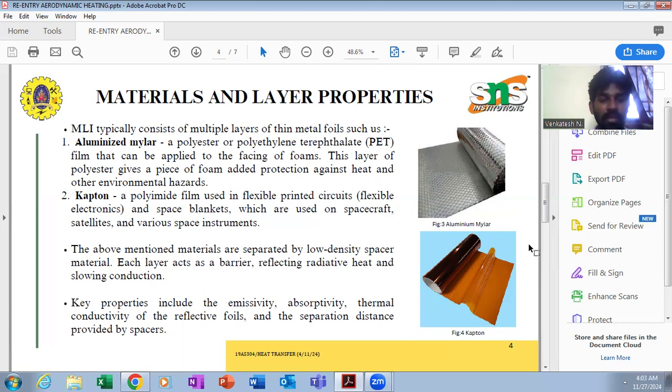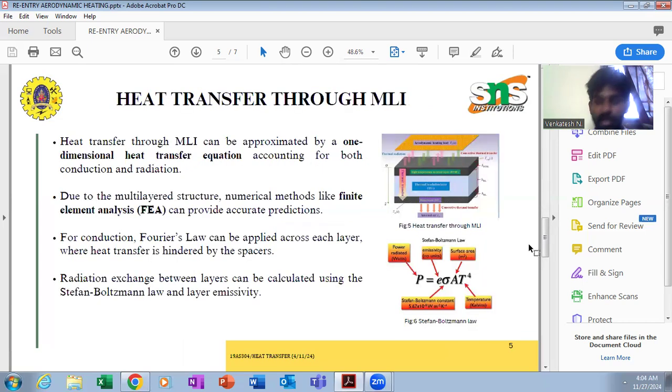Each layer acts as a barrier, reflecting radiative heat and slowing conduction. Key properties include the emissivity, absorptivity, thermal conductivity of the reflective films, and the separation distance provided by spacers. Heat transfer through multi-layer insulation can be approximated by a one-dimensional heat transfer equation accounting for both conduction and radiation.